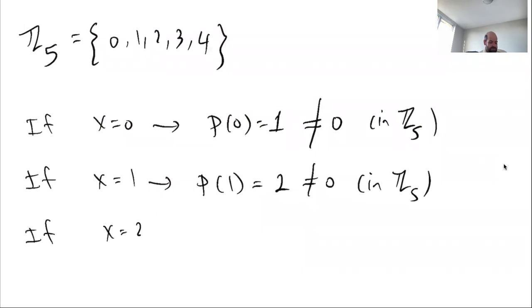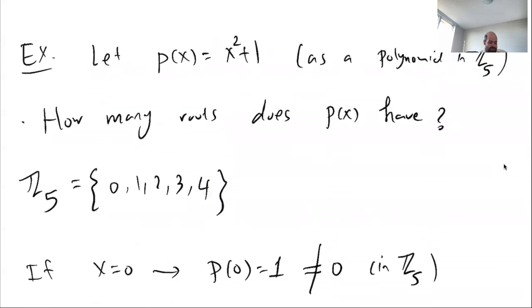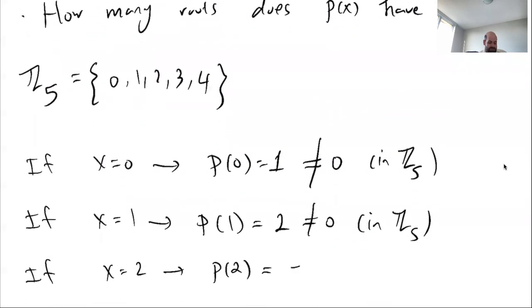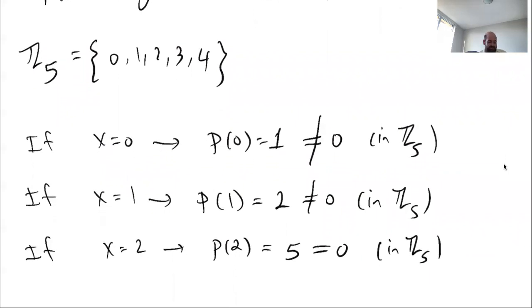If x equals 2, p of 2 is 4 plus 1, which is 5. Is 5 equal to 0 in Z5? In other words, is 5 congruent to 0 mod 5? Yes, 5 is congruent to 0 mod 5. So that means x equals 2 is a root.